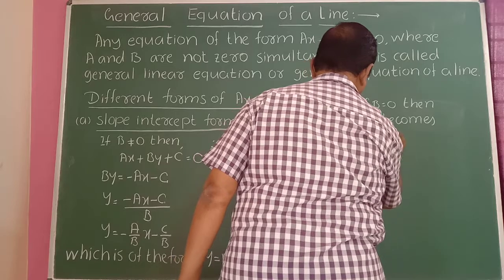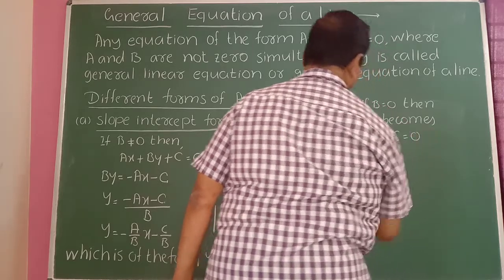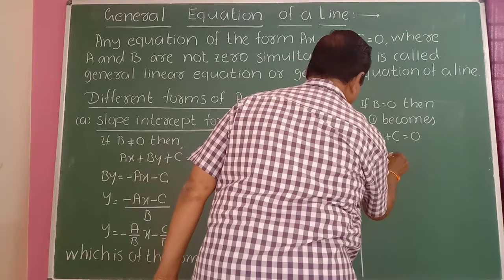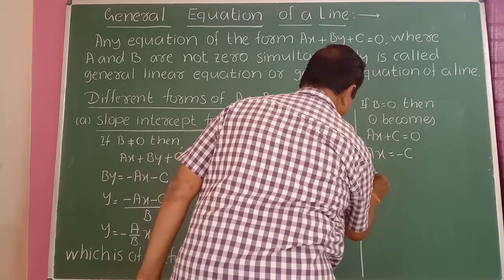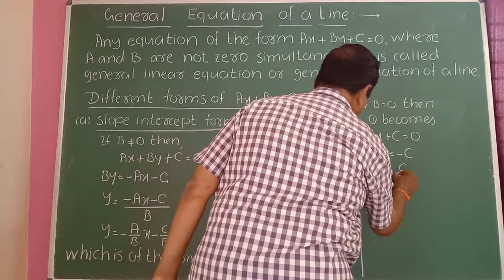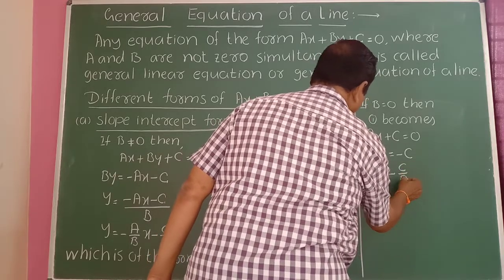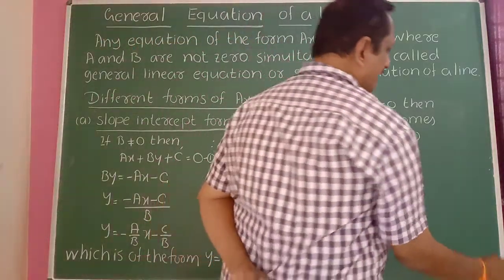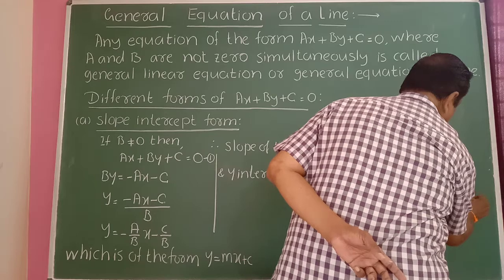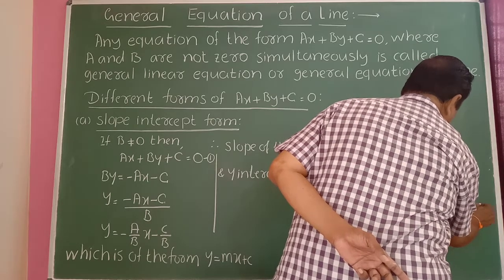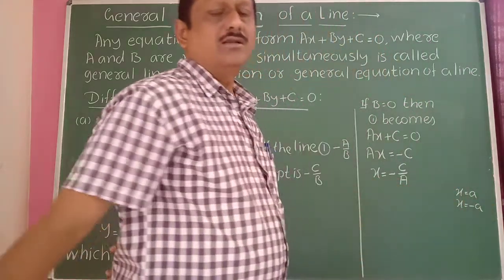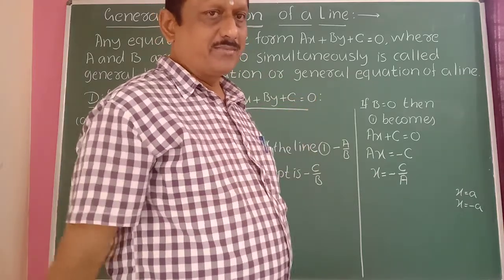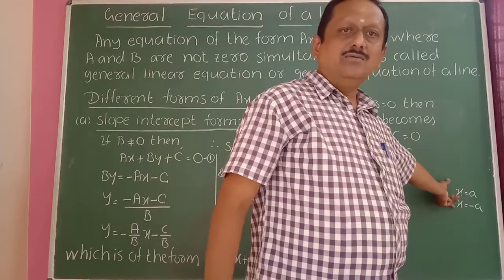Take c to the right hand side, ax is equal to minus c, hence x is equal to minus c divided by a. You know that an equation in the form x equal to a or x equal to minus a represents a line parallel to the y-axis, a vertical line equation.